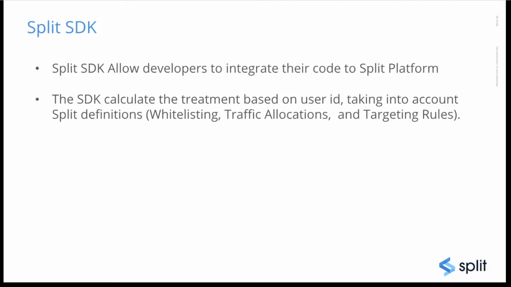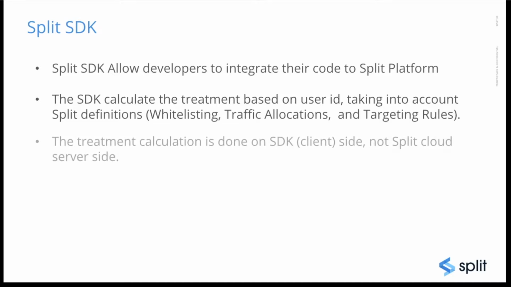So the Split SDK will actually download all this information from the Split Cloud when you initialize the factory object, and then once the getTreatment call is issued, it will do all the calculation for the treatment for the current user inside the SDK.